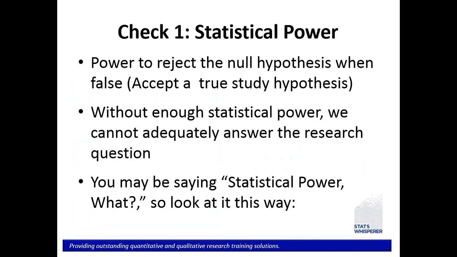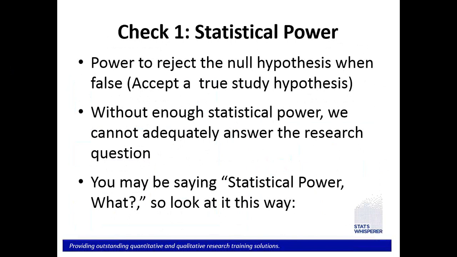Now, the first part of check 1, statistical power. Check 1 concerns, do we have enough statistical power in our study? Statistical power is our power to reject a false null hypothesis, or our ability to accept a true study hypothesis.